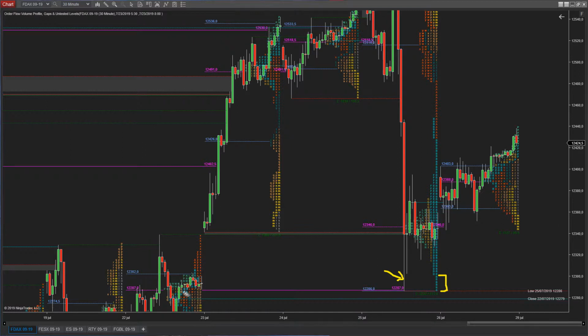But in this case it's also a weak low, which is an interesting fact for the coming sessions.